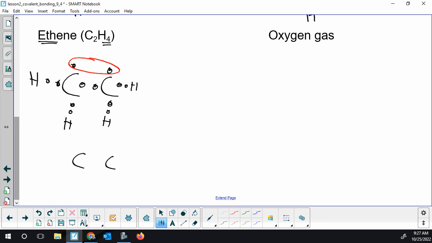So there's my 2 carbons, and I don't just have 1 pair in between them, I have 2 pairs of dots.